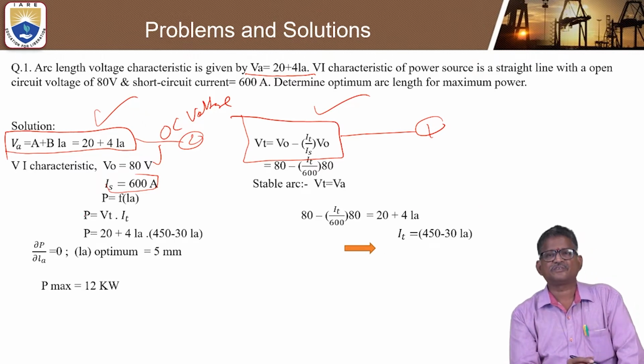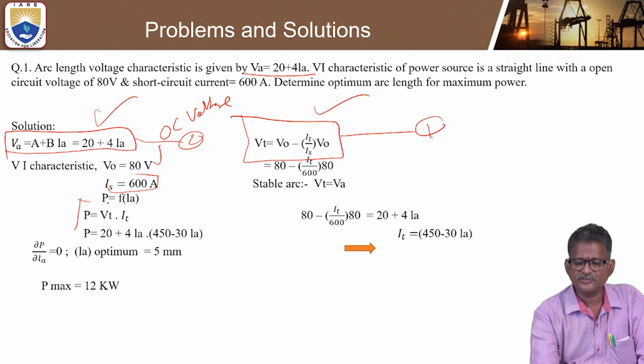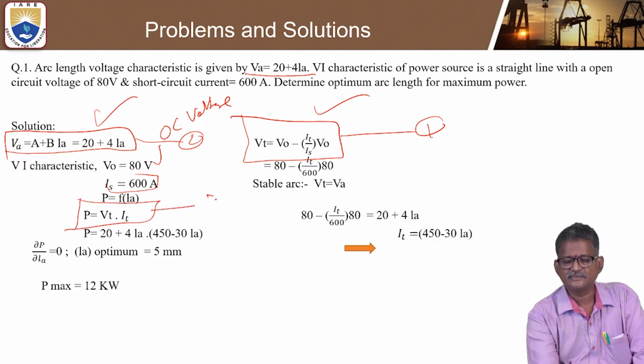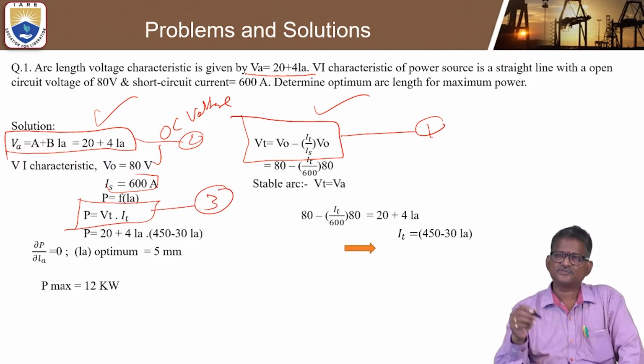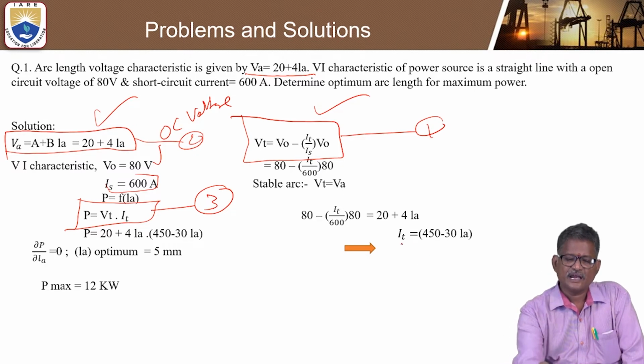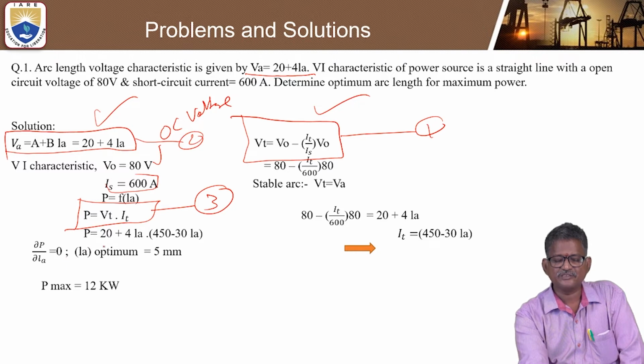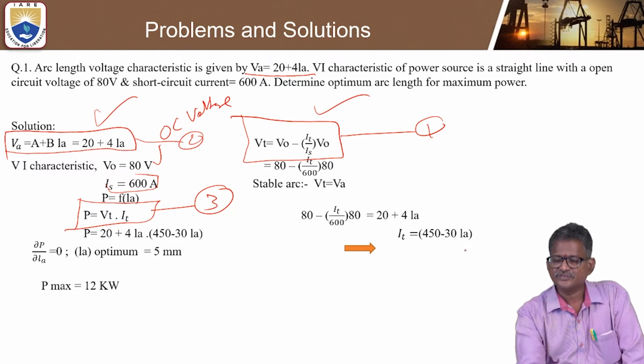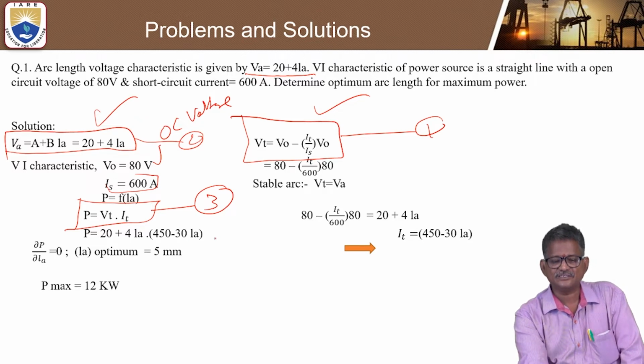Now you can substitute this It in the power equation. Power is equal to voltage into I. In this equation you substitute this current, and V is already given as 20 plus 4La. So power is equal to 20 plus 4La into 450 minus 30 into La.